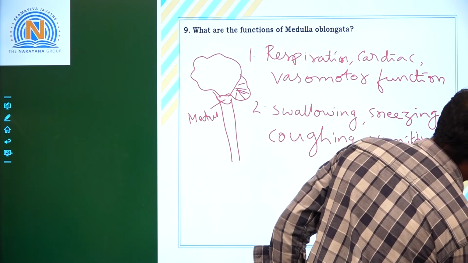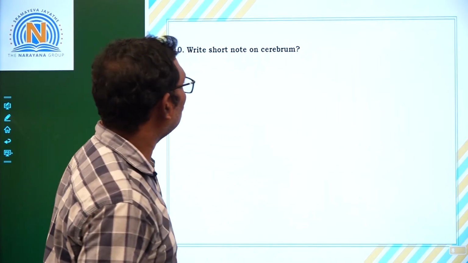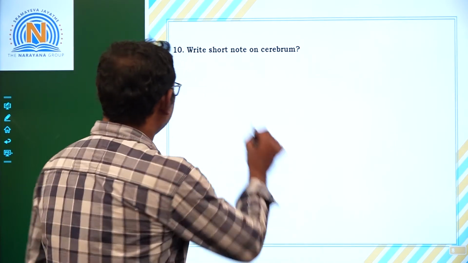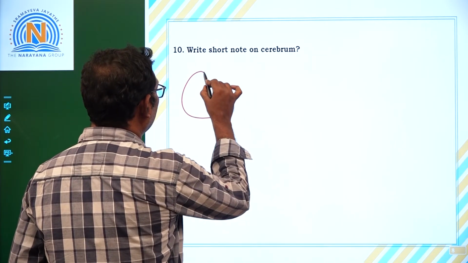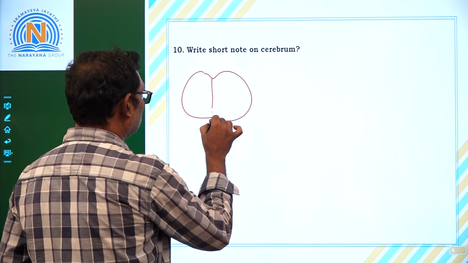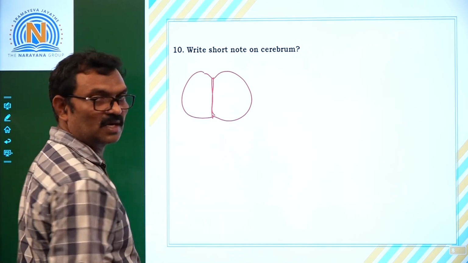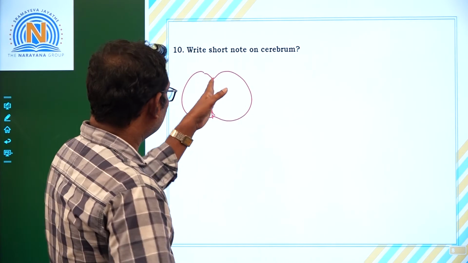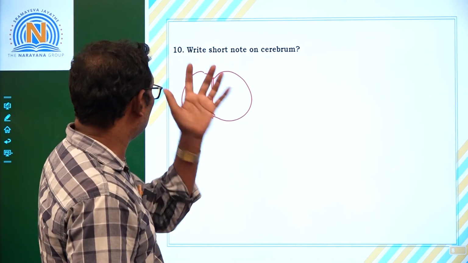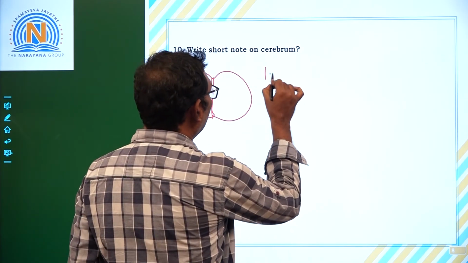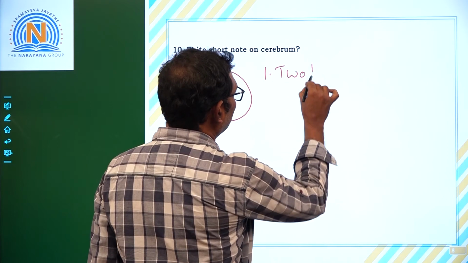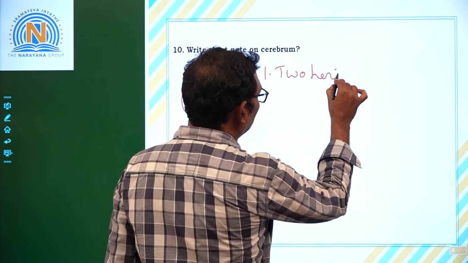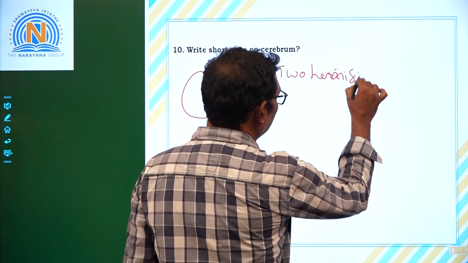So let us discuss the last question. Write a short note on cerebrum. Suppose it is a brain. In the middle of the brain there is one groove. This groove divides the brain into two hemispheres. In the cerebrum, there are two hemispheres.